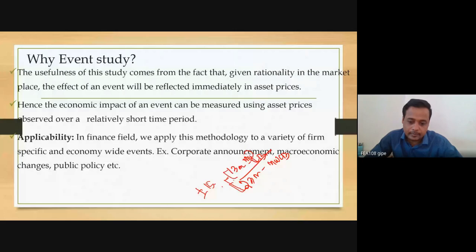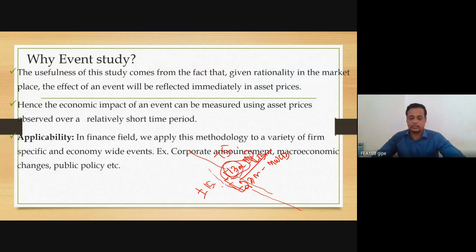If I take plus 15 days from 13th March, it will cross 23rd March. If I take minus 15 days from 23rd March, it will cover 13th March again. So when you are considering 23rd March, you will be silent about 13th March, and vice versa.